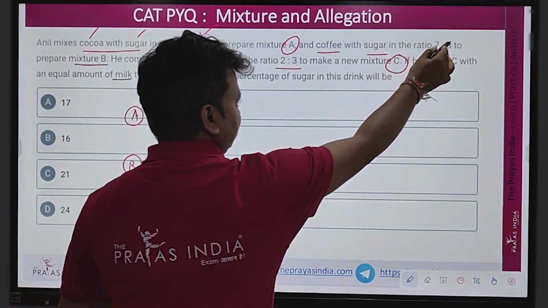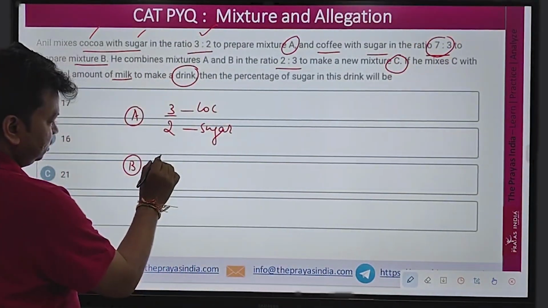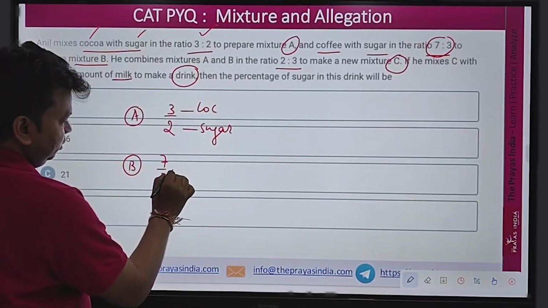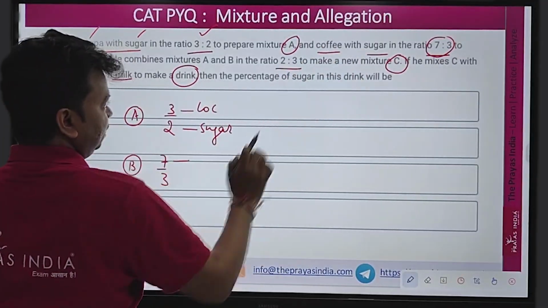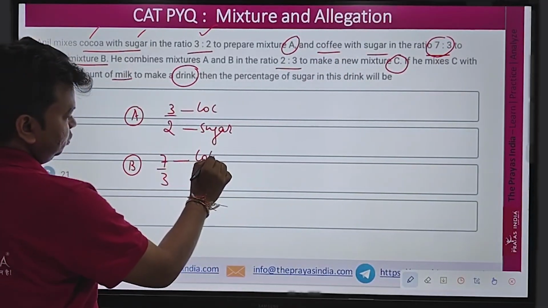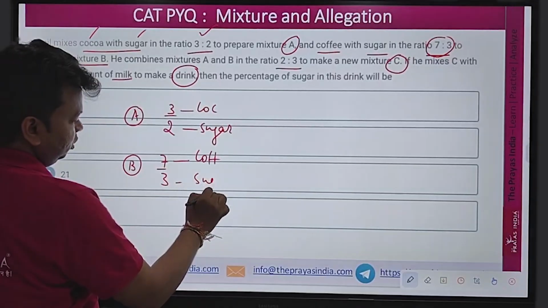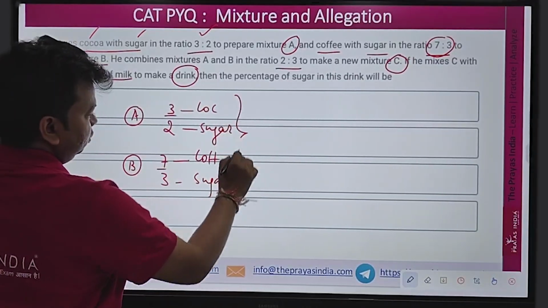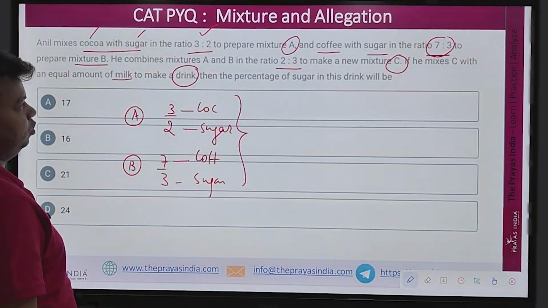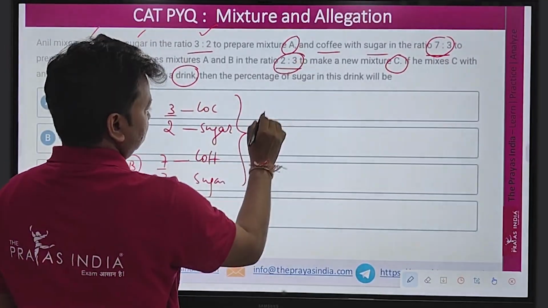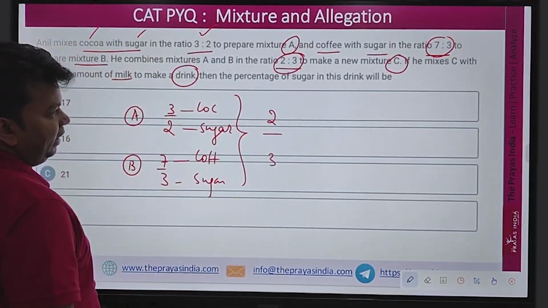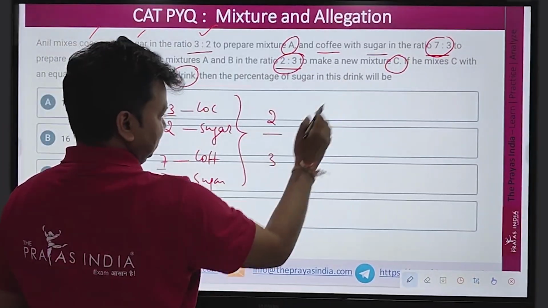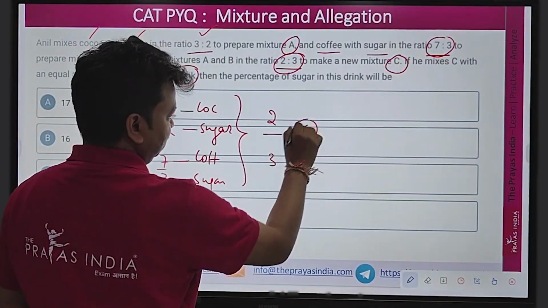So 7 is coffee and 3 is sugar. Now these two mixers are mixed in the ratio 2:3. So 2 is A and 3 is B, and it is C.